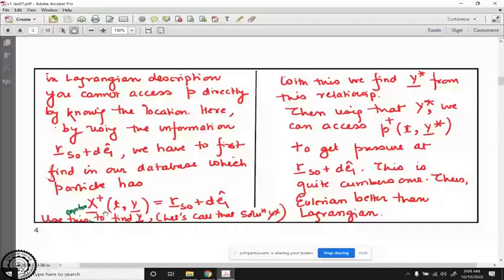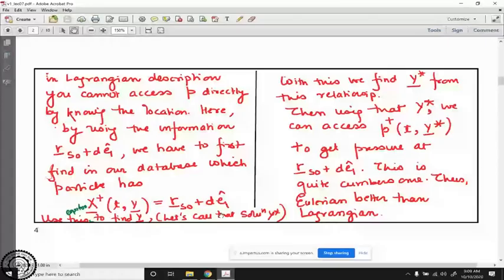This equation is x plus, which is the current position vector of a fluid particle which was at y, but you want that fluid particle which has its current location at RSO plus dE1. So you know the right hand side, you do not know y. So you will use this equation to find y, and let me call that y that comes out as the solution of this equation as y star.